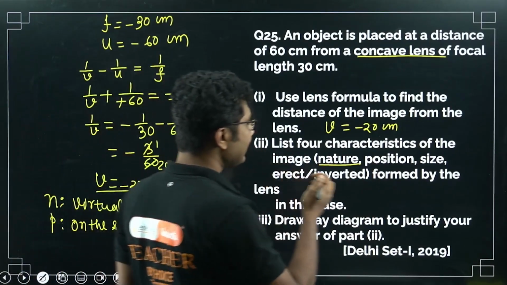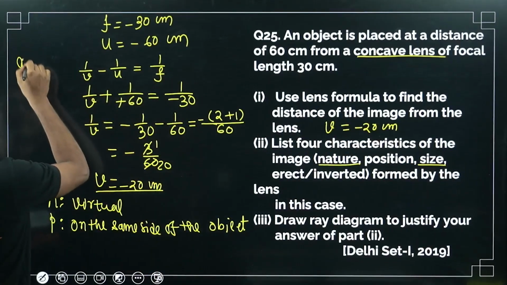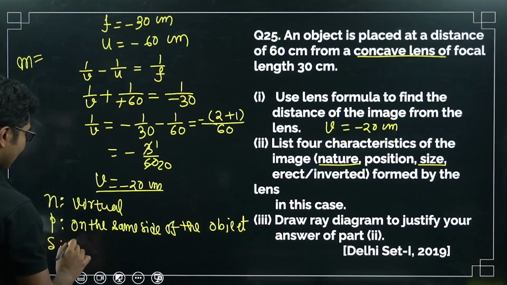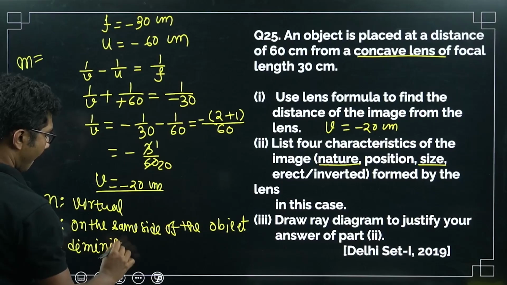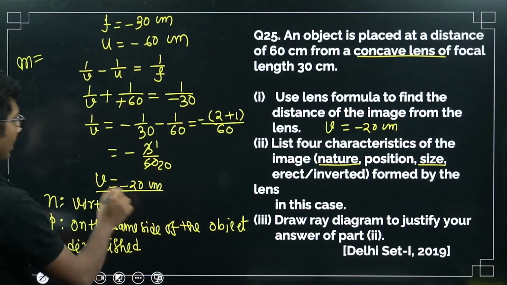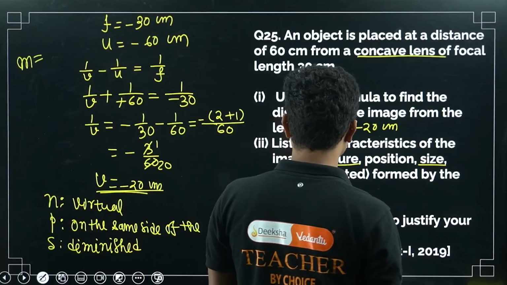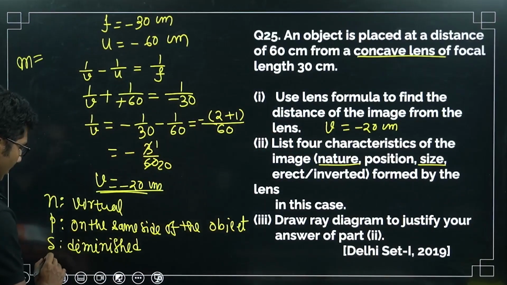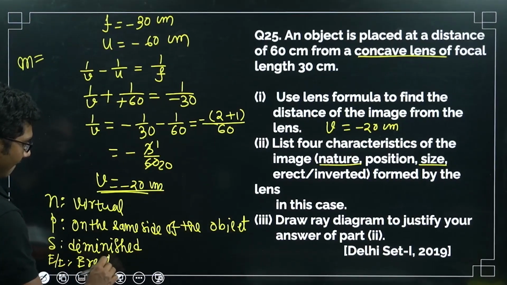Next is size. Size, as you can see, M, you can show that, or you can write it directly. Size is diminished. v is less than u, so definitely it will be diminished. Erect or inverted, it is erect. Why erect?